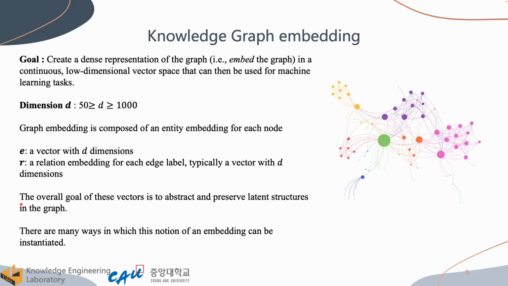The overall goal of these vectors is to abstract and preserve latent structures in the graph. There are many ways in which this notion of an embedding can be instantiated.